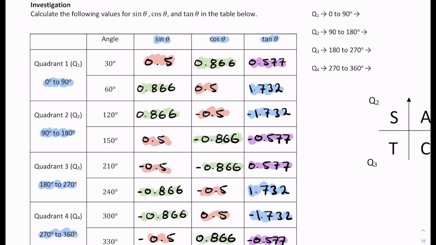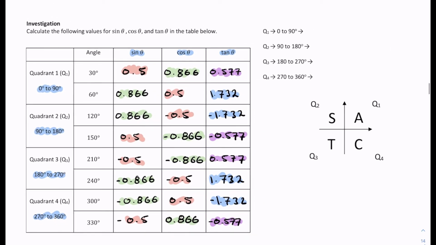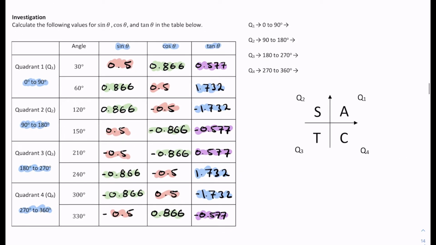So you'll notice that in quadrant 1, and I'm going to summarize this over here, in quadrant 1 from 0 to 90, all the values in terms of the sign for all the trig ratios are positive. I'm just going to summarize that. And in Q2, that's over here, from 90 to 180, all of them except cosine are positive.